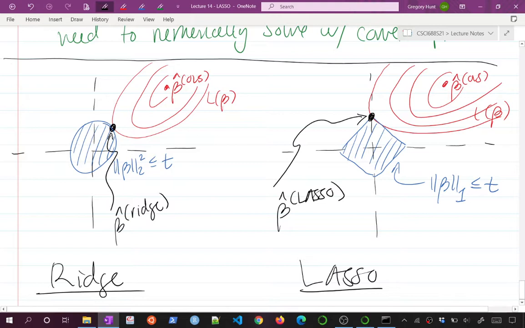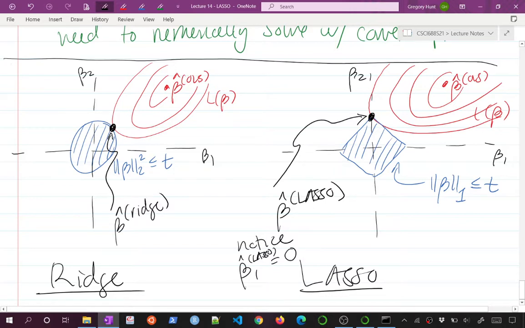For Lasso, if I end up on one of my coordinate axes, in this case, notice that, let's say this is the beta 1 axis and this is the beta 2 axis, beta 1 hat Lasso, the first beta hat for my Lasso estimate, is 0.